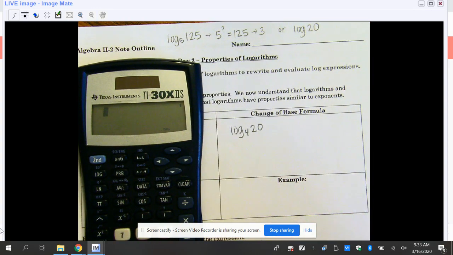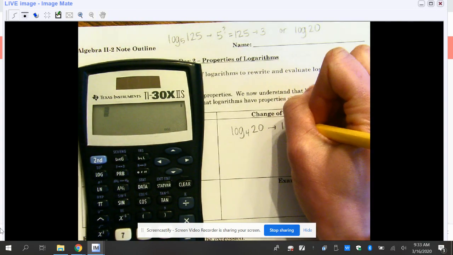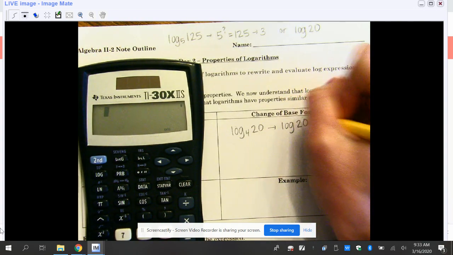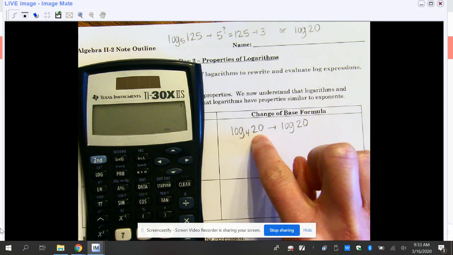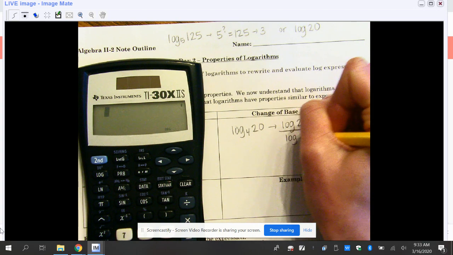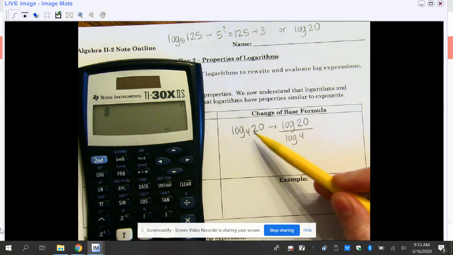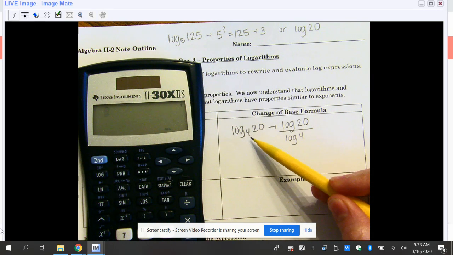So these really old mathematicians figured out just by playing around in base 10 that if you take the ratio of the log base 10 of whatever you're taking the log of and the log base 10 of your base, that is how you can simplify this without necessarily guessing and checking.